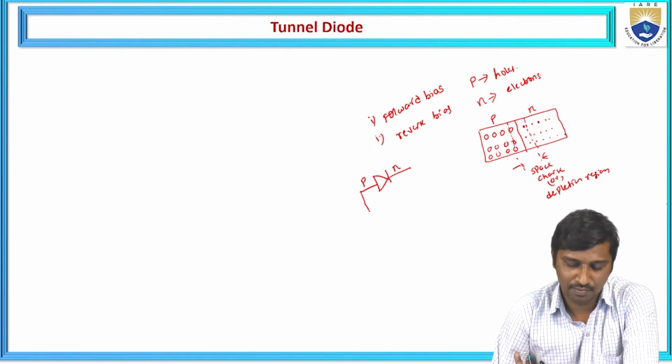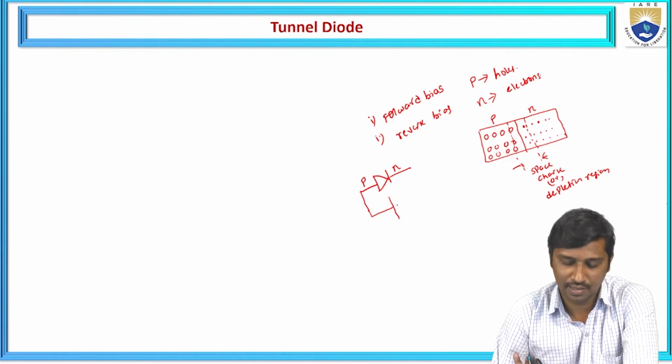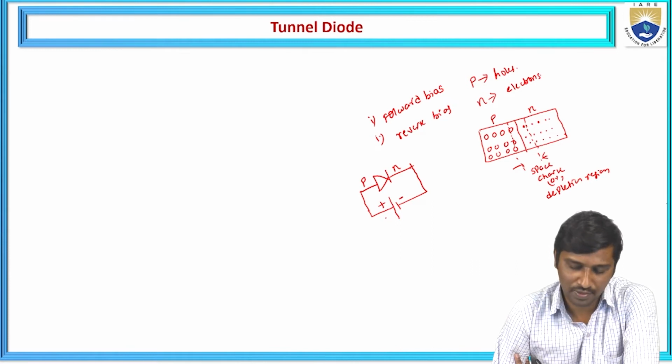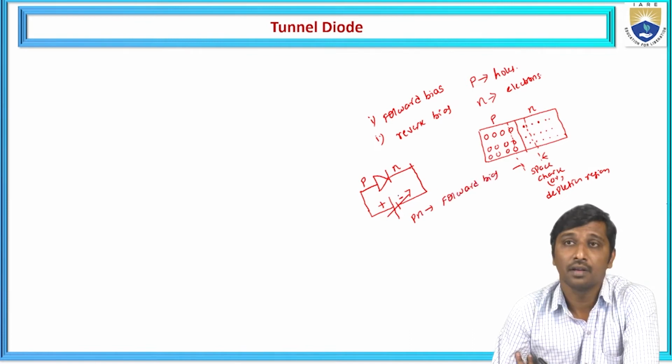If P is connected to the positive pole of the battery and N, the cathode, is connected to the negative pole of the battery, then this PN junction acts as forward biased.